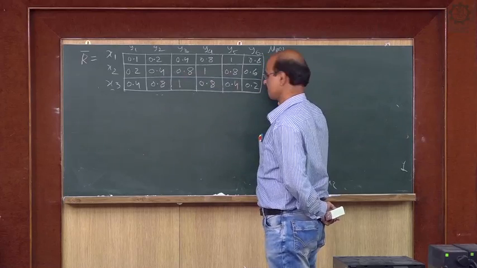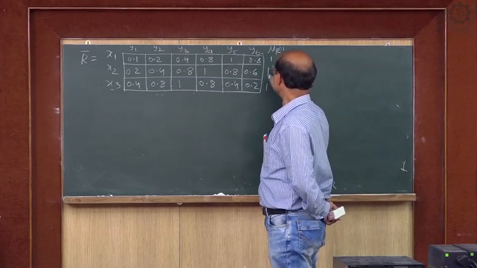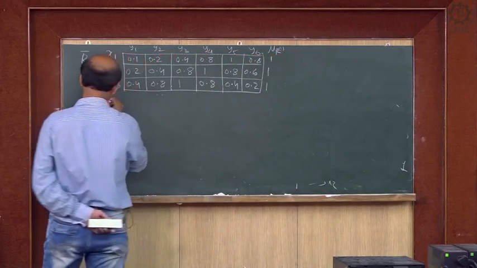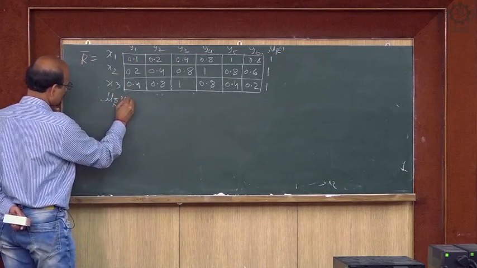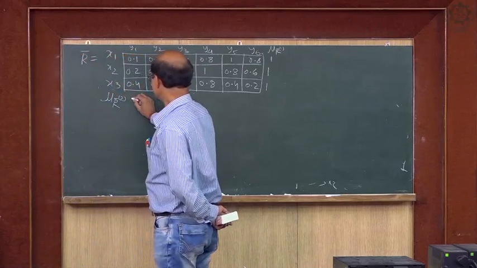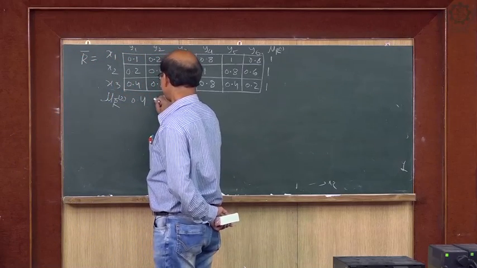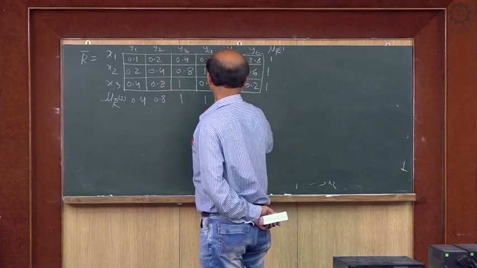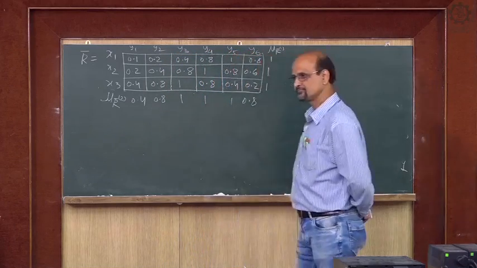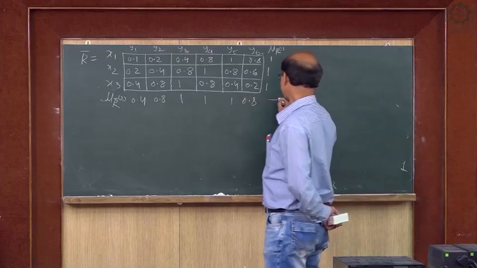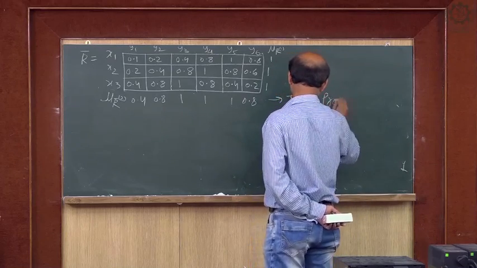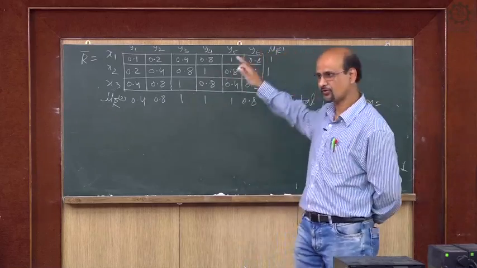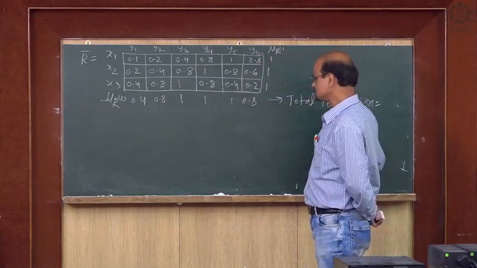What will be here? 1. Here 1. This is your mu R1. These are the projections. Similarly, for the second, mu R bar 2, this is 0.4, 0.8, 1, 1, 1, 0.8. First projection, second projection. So, what will be the total projection? If you remember, the total projection was the maximum over both x and y. So, what is that value? 1.